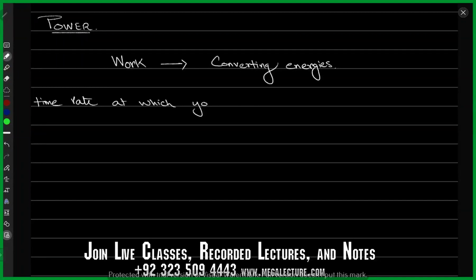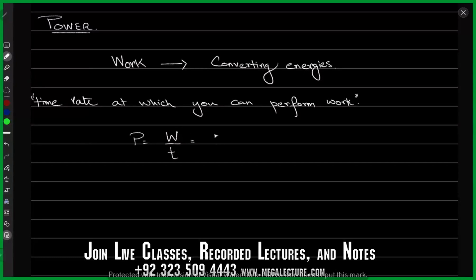at which you can perform work, or you can convert energies, right? Because work is converting energies. So the rate at which you can do this is called power. And from this definition, you can write down the expression for power as the rate of work done, meaning work done per unit time. So W divided by T, which is power, right?